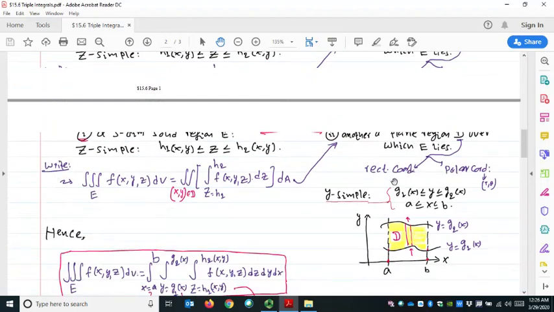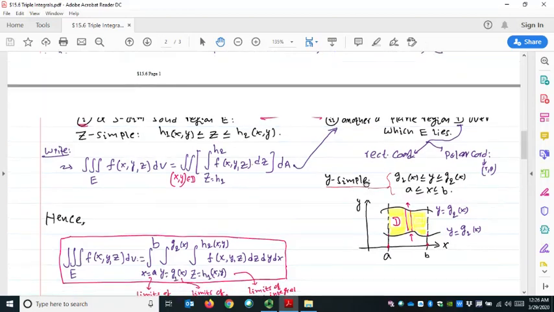Either we can describe our plane region D as y-simple, that is vertically simple, or horizontally simple, or x-simple. So if I pick y-simple, then my domain D in R2, or in the xy plane, is bounded by two continuous functions, top and bottom, and on the side is bounded by a fixed value of x.